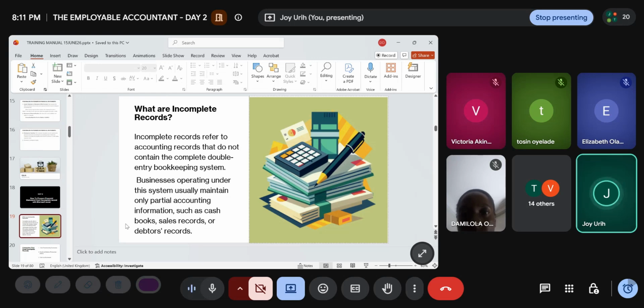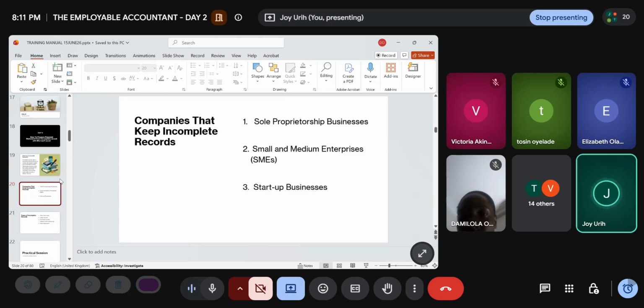So businesses operating under this system usually maintain only partial accounting information. The companies that keep incomplete records are, like I said, small businesses, sole proprietorships. They don't have the funds to employ accountants, right? So they will just do their recording themselves.